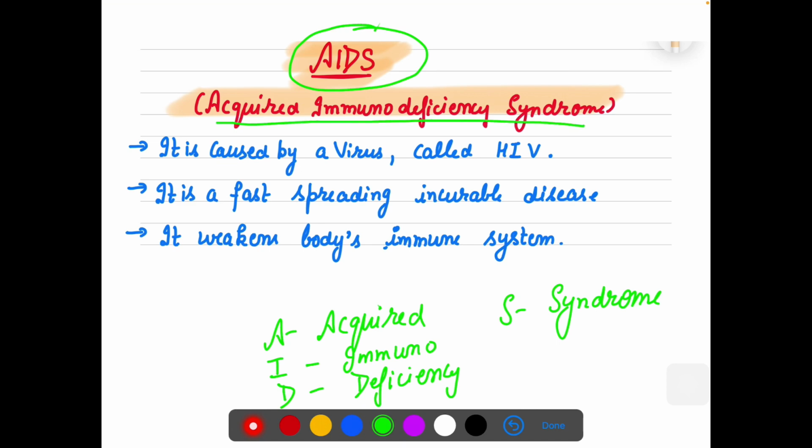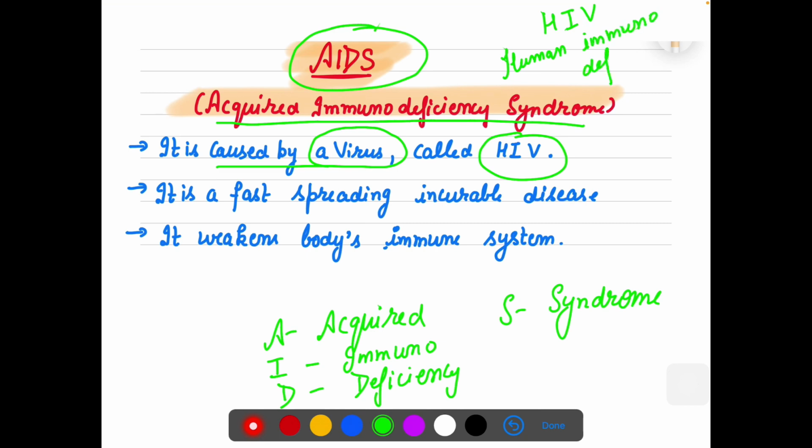It is very clear to us who is the causative organism: that is the virus. What is the name of the virus? HIV, human immunodeficiency virus, right? Human immunodeficiency virus.